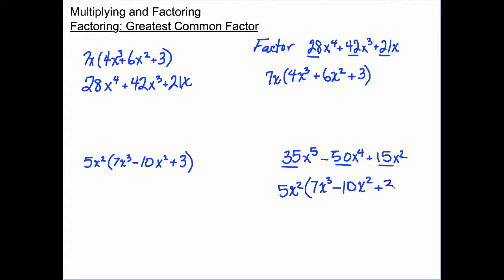That's 5 times 3. And x squared times what equals x squared? That's just 1. So we leave that alone. And there's our solution. So we have factored 35x to the fifth minus 50x to the fourth plus 15x squared into this form.